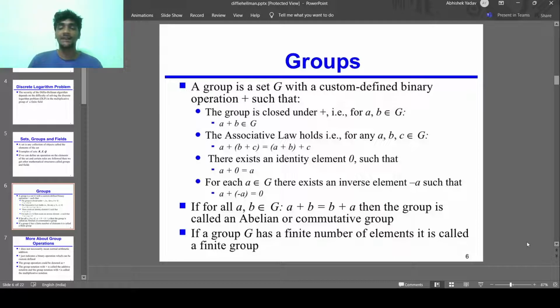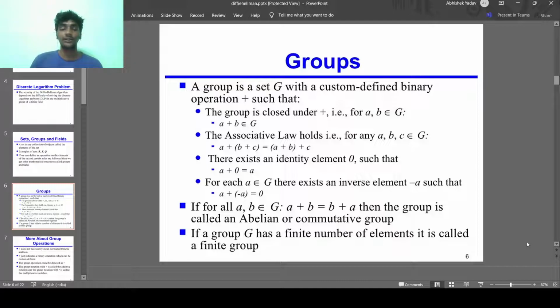That is, for a, b belonging to the group, the sum a plus b should also belong to the group G. Groups also follow the associative law: for any a, b, c belonging to G, a plus (b plus c) equals (a plus b) plus c.